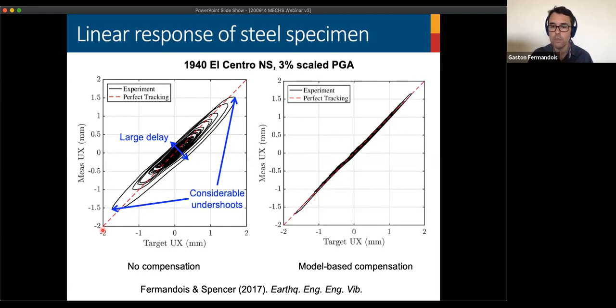Meanwhile, if we use model-based compensation, the delays and the undershoots are minimized. And this is quite a good result for compensating for the delays of all these actuators moving at the same time. This was done for the El Centro earthquake in 1940, scaled to 3% of the peak ground acceleration in this test, because we are working with a small scale version of the test.